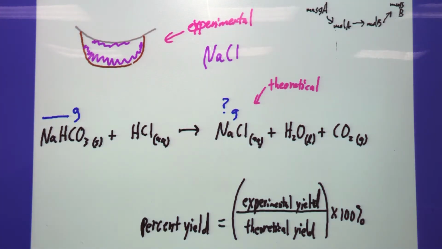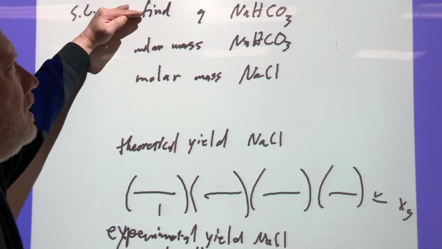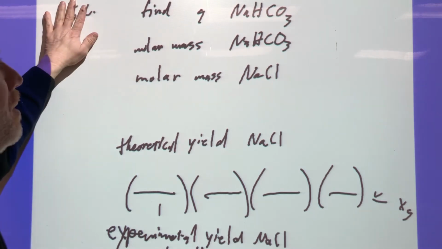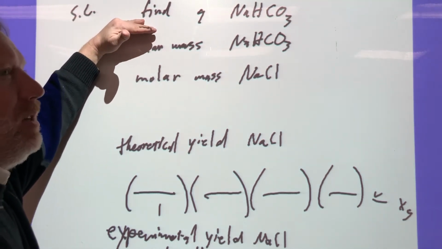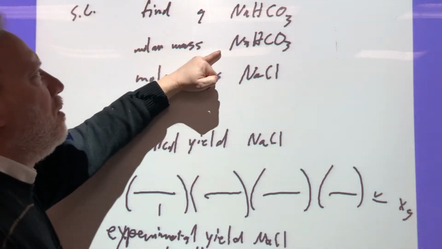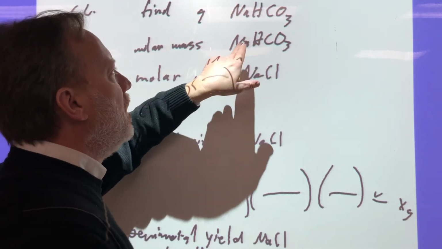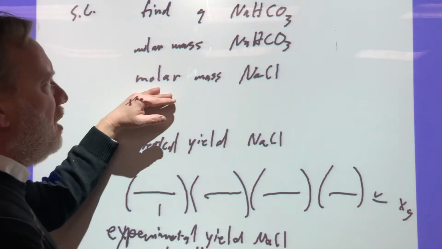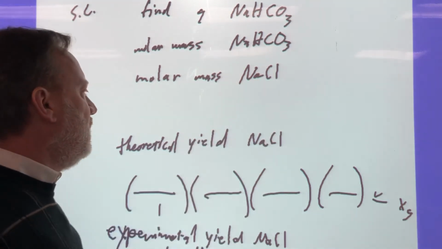So real quick, make sure you look at this in your lab book, but you're going to have to find the grams of sodium bicarbonate. These are sample calculations. You're going to have to find the grams of sodium bicarbonate by subtracting. You're going to have to find the molar mass of sodium bicarbonate, which is 3 times 16 plus 12 plus 1 plus 23. You're going to have to find the molar mass of sodium chloride, which is 23 plus 35.5.